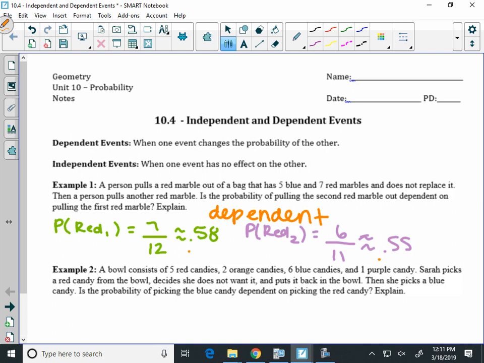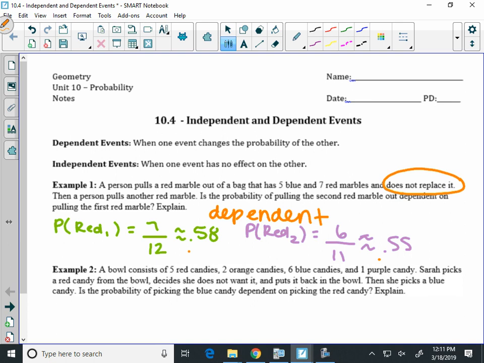So a big thing to look at is if it's mentioning not replacing. So in the scenario, it says does not put back, does not replace, something along those lines. It's automatically dependent because by not putting that first thing back, you're changing the odds or the probability of the second thing happening. You're affecting it.